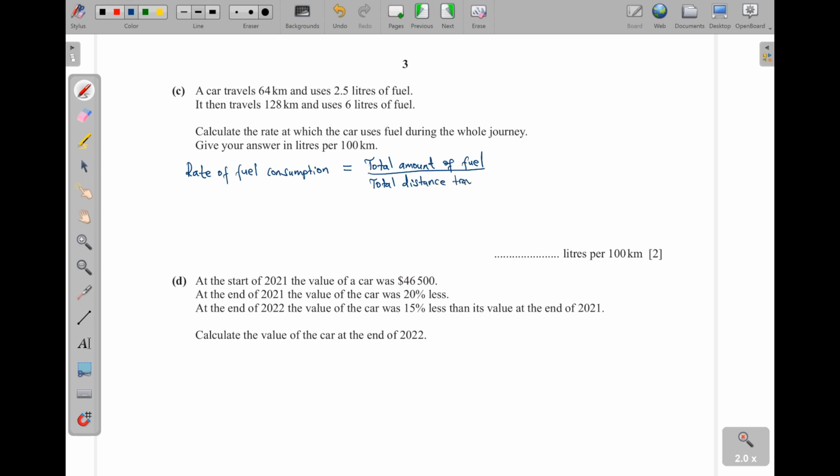It's because they have said that we look for the rate which is given in liters per 100 kilometers. So I need to put liters up here, that is the amount of fuel, then 100 kilometers represents the distance. So we can substitute the total amount of fuel used: 2.5 liters plus 6 liters, then we divide by 64 kilometers plus 128 kilometers. And these will be liters per kilometer, because down here we have kilometers.